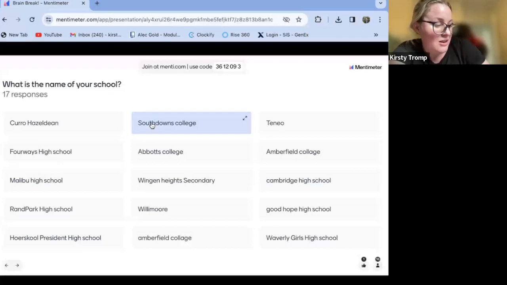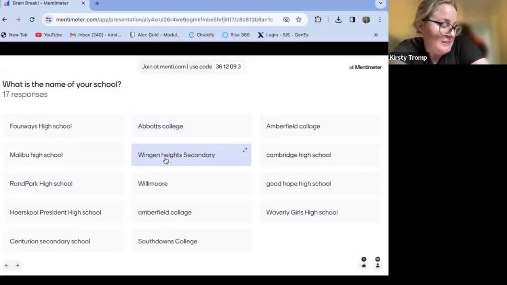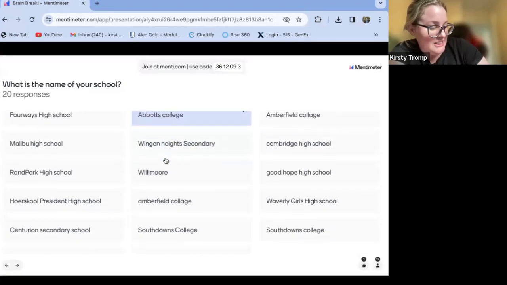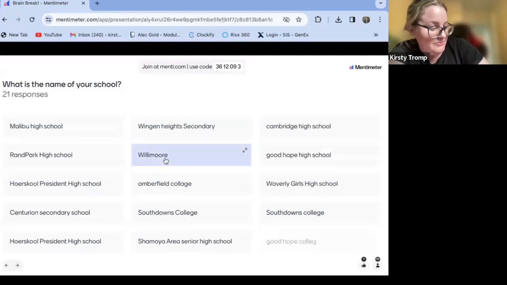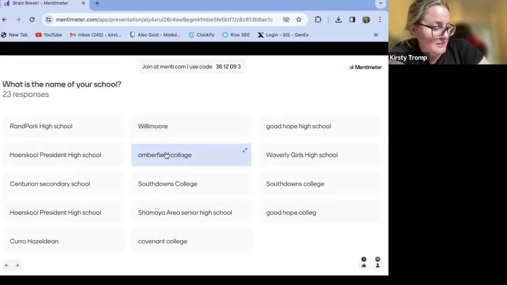Randburg Park. Cambridge High School, that's cool. Centurion Secondary. Yo. Awesome. Southdown College representing. We've got more than one person from Southdown. That's cool.